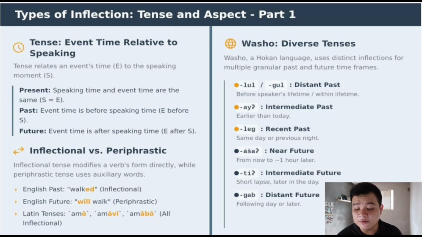So, this shows that some languages care very deeply about the exact timing of events because it matters culturally, socially, or historically. The Washoe system helps capture very precise meanings that English would need many extra words to express. It highlights how languages can differ greatly in how they express time and how speakers conceptualize events.